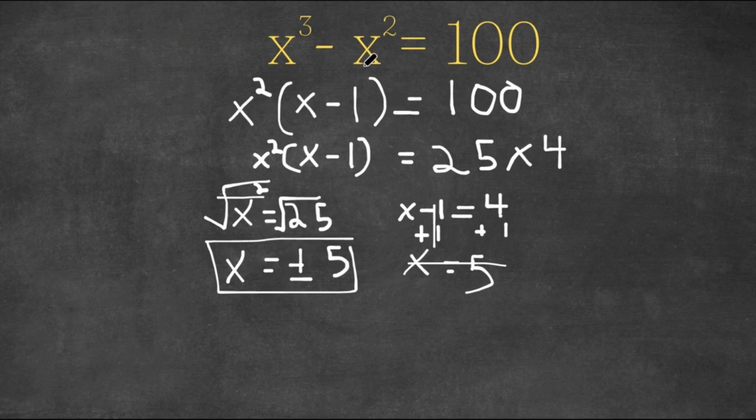Now, why don't we plug these two into our equation and see if they are right? Let's first start with 5. So we would have 5 to the power of 3 minus 5 squared equals 100.